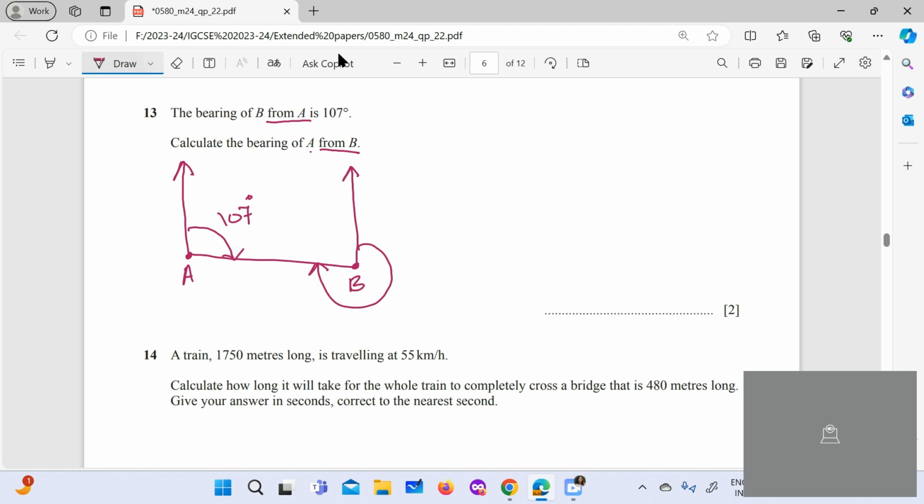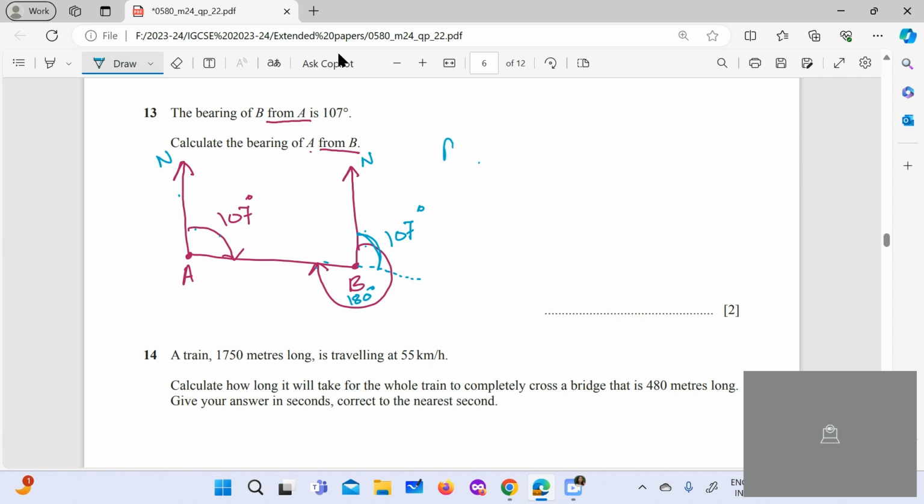Okay, so one thing you have to remember that this north and this north, they are always parallel. If you extend this line, so when they are parallel, so you can easily see that this angle and this angle are pair of corresponding angles. So this is 107 degrees. So this is 107 and this is also 107. Now to calculate the bearing of A from B, you will be doing like this 107, and this is straight line, so this is 180, right? Let me mark this as n.